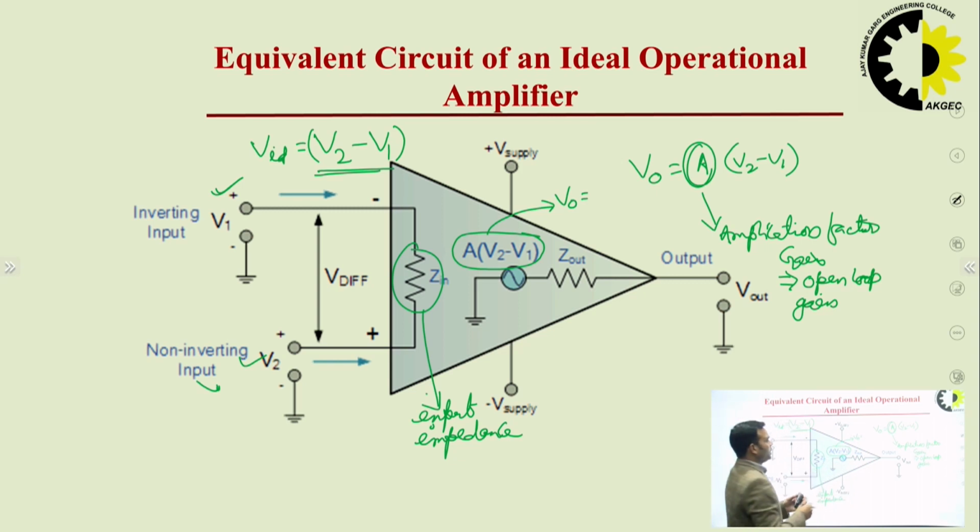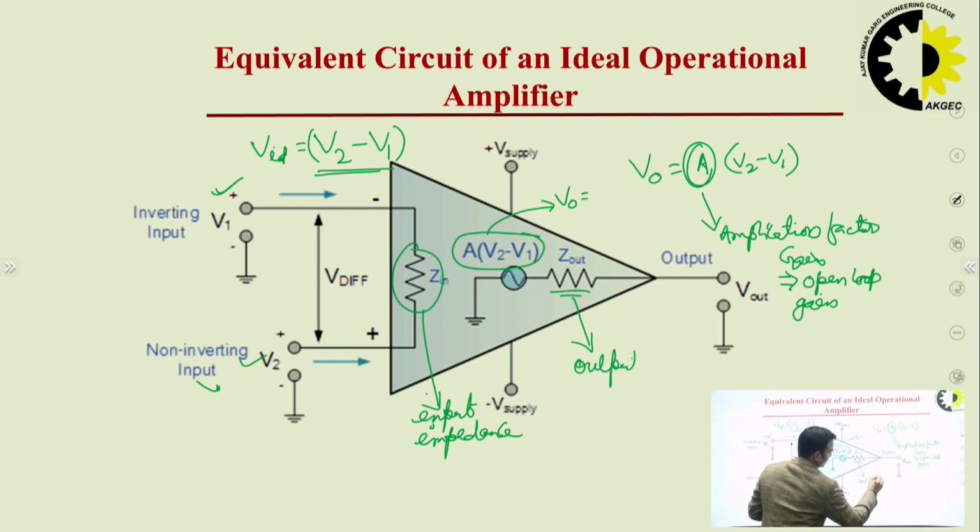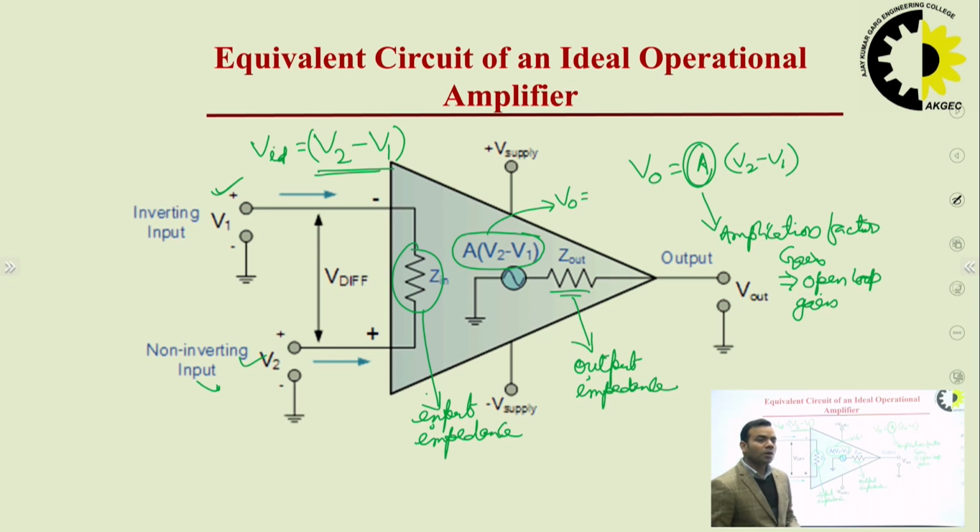Z out is the output impedance. So this is how we can model operational amplifier.